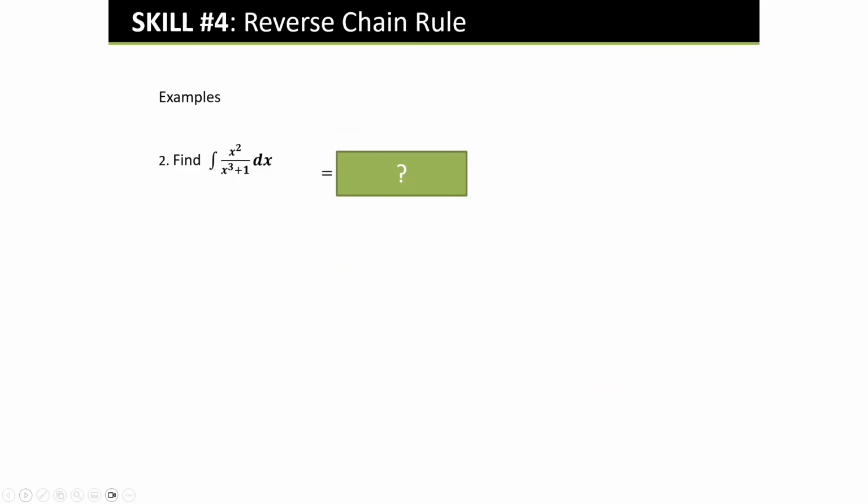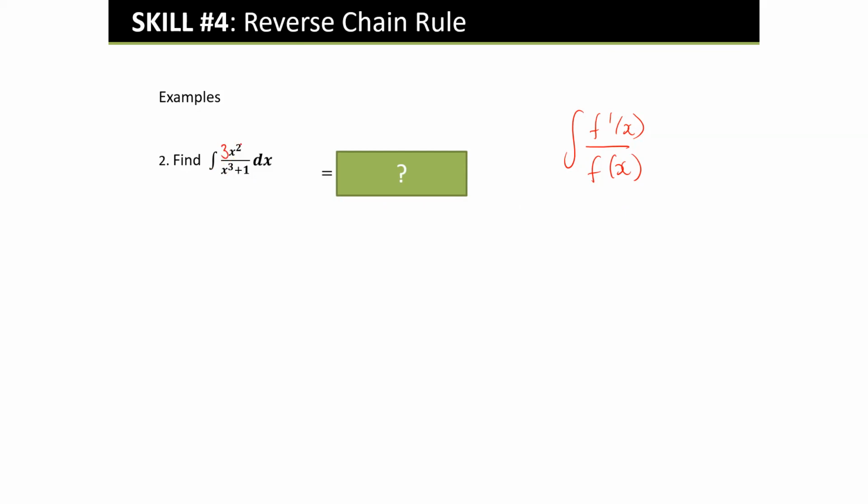Now we've done some reverse chain rules, but this is of the function where we've got f dash x over fx. So we've nearly got it, because on the top, what we're looking for is to have a 3x squared.